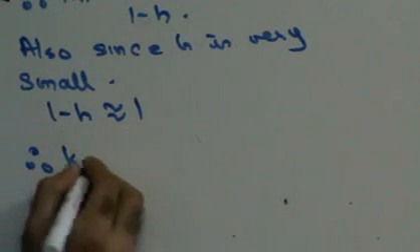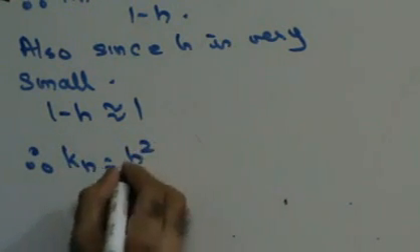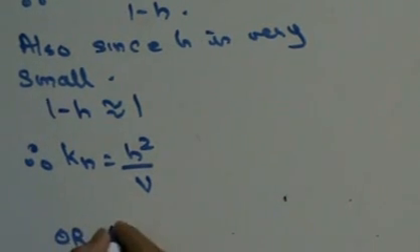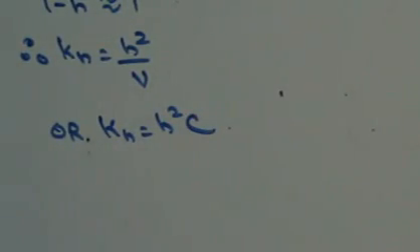Therefore, Kh is equal to h square upon V, or because I am substituting the value of 1 minus h as 1, Kh is equal to h square C. So that is my equation for hydrolysis constant.